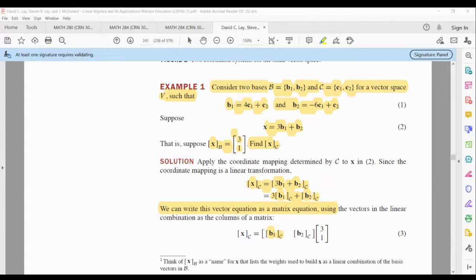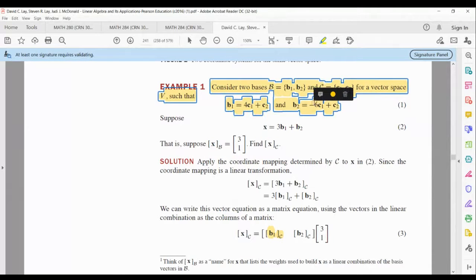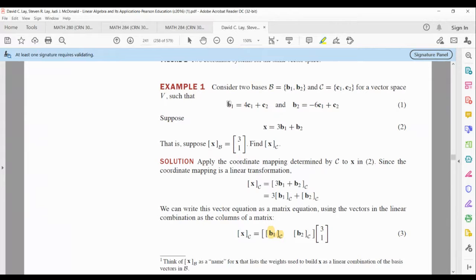Good, Haley. 4 and 1. Good. We know that b1 is equal to 4 times c1 plus 1 times c2, so the coordinate vector of b1 with respect to basis C would be (4, 1).